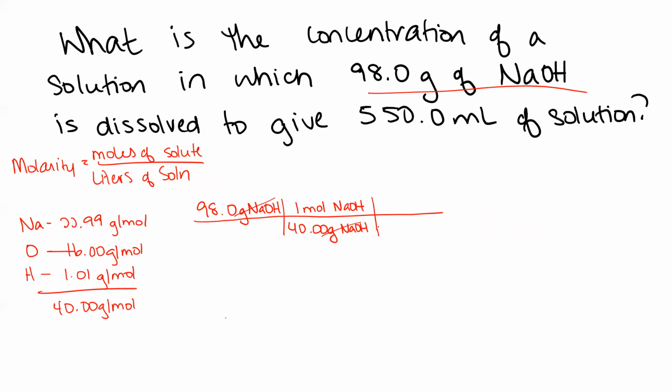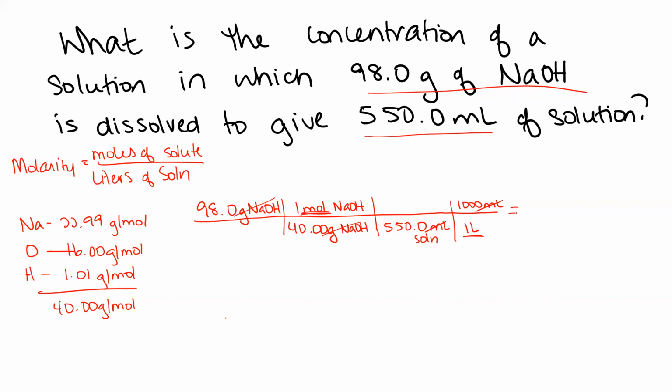So now we take into account the 550.0 milliliters. So we have 550.0 mils of solution. We know that there are 1,000 milliliters in 1 liter. Our mils cancel, and we're left in moles per liter, which is what we want for molarity. So we go ahead and multiply across.